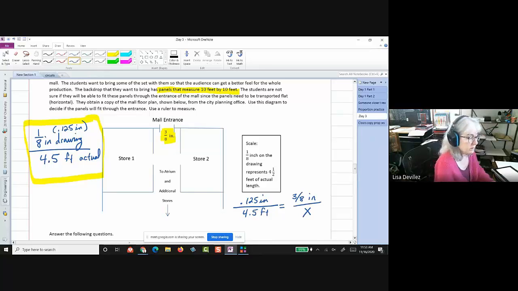All right, let me know when you get an answer for the width of the door.